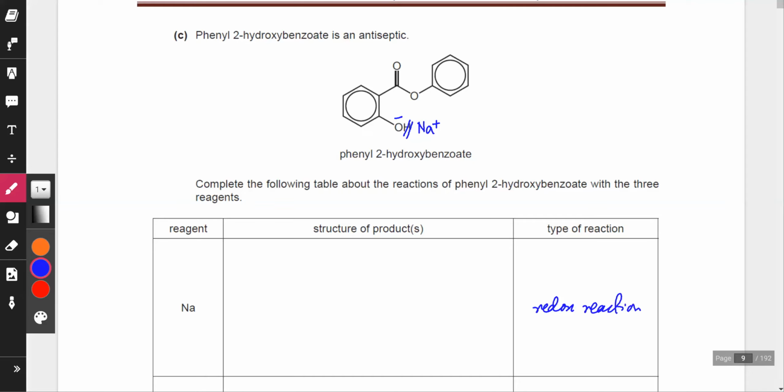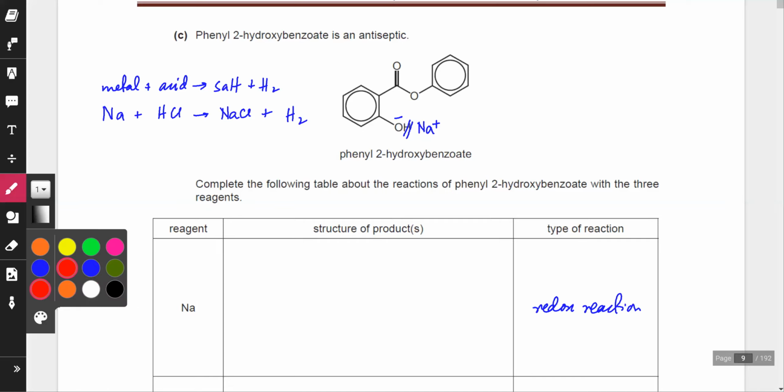Remember that metal plus acid reactions produce salt plus H2. They're always redox reactions. Why are they redox reactions? If you take any acid, Na plus HCl, it's going to form NaCl plus H2. So what happens to Na in this case is that Na was neutral initially, and later it ended up turning into Na plus 1, which means it's getting oxidized.